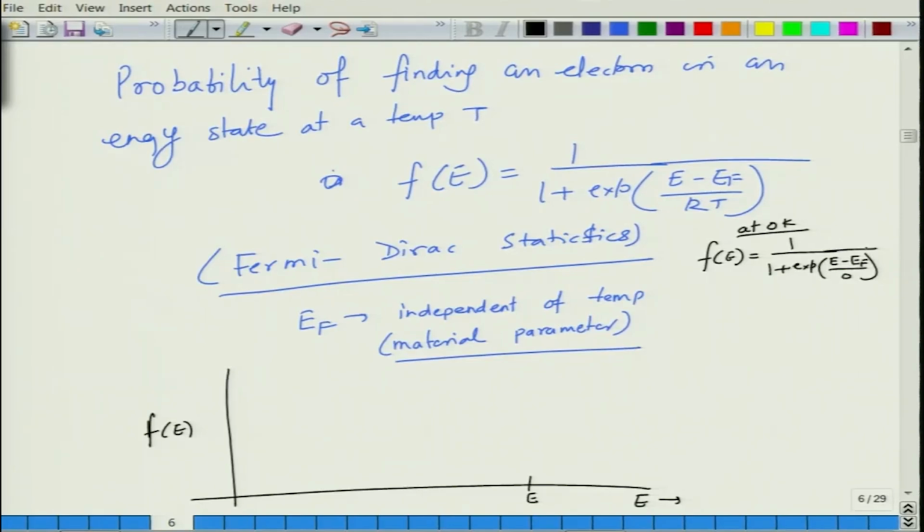So depending upon whether E is less than Ef or E is greater than Ef, I will have the probabilities appropriately. So it turns out that Fe is equal to 1 for E less than Ef and Fe is 0 for E greater than Ef. So if you plot now Fe versus E, it goes like this.